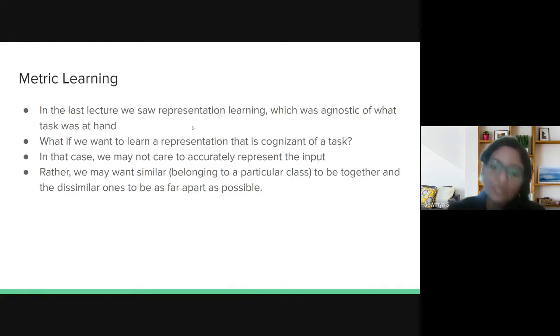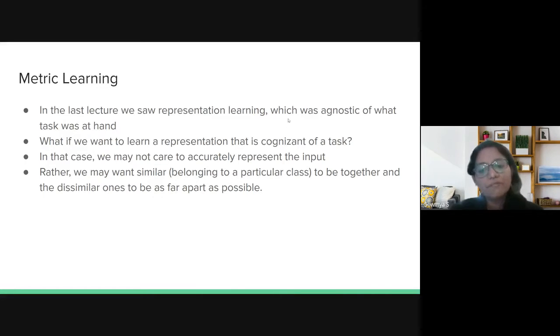So in representation learning, we were trying to generate the data back or form a compression or some other representation, or even an embedding would satisfy. Now here what we are saying is they were task agnostic.